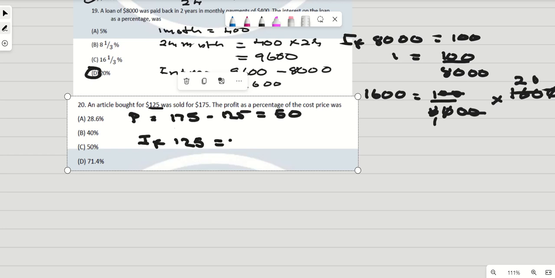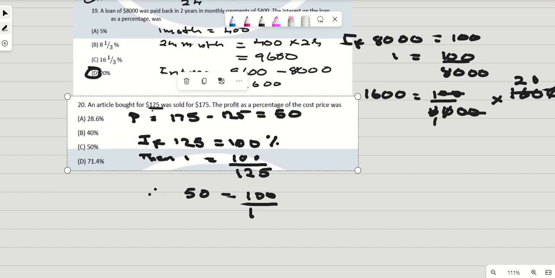So if 125 is equal to 100%, right? Then 1 would be 100 over 125. And we want to know what is 50. Therefore, 50 would be equal to 100 over 125 multiplied by 50 over 1.